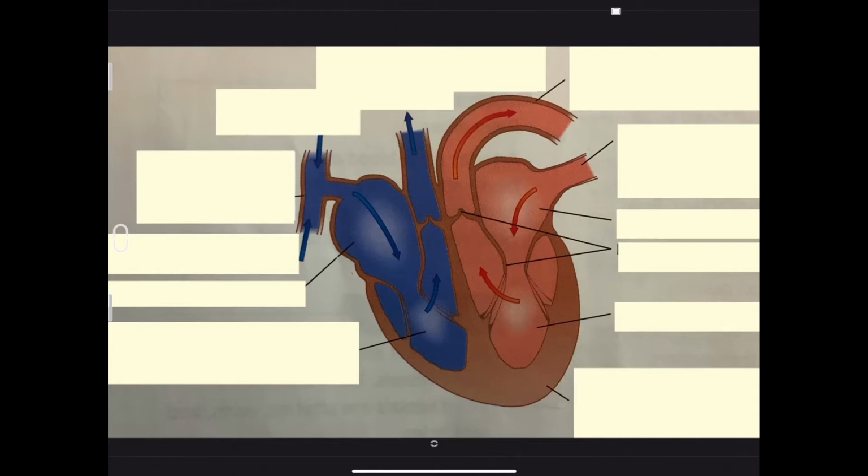Now, let's look at the various subsections in the heart that you will need to know. Let's deal with the right hand side first. The lowest part of the right hand side of the heart we call the right ventricle.